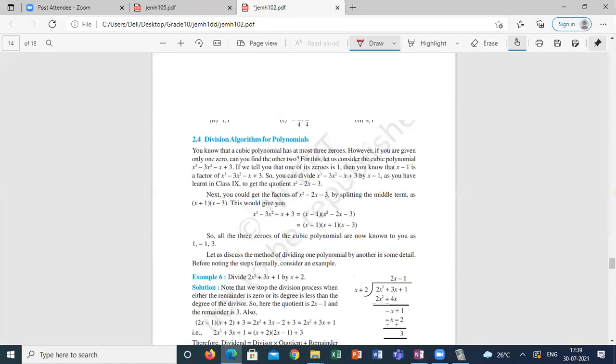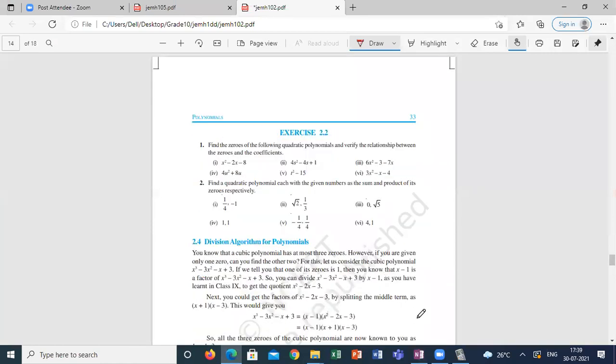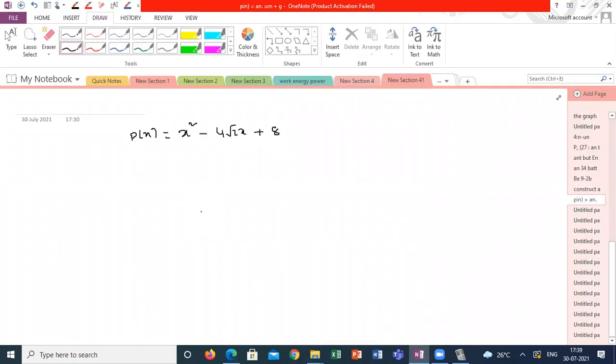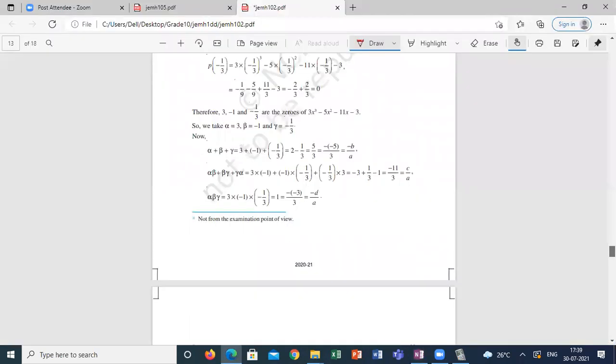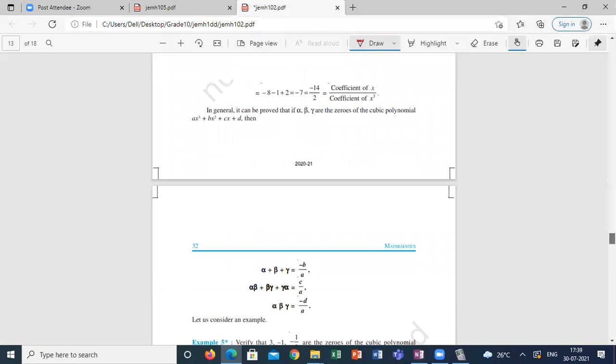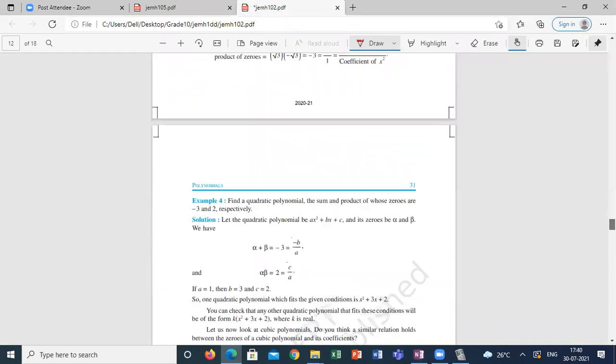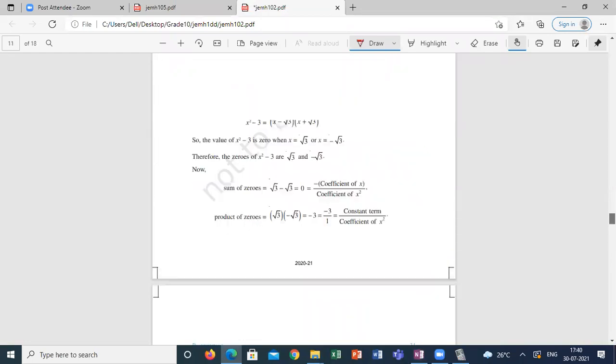What is the method we discussed for this one? Splitting the middle term, or grouping the terms. Guys, please recollect how to find the zeros.